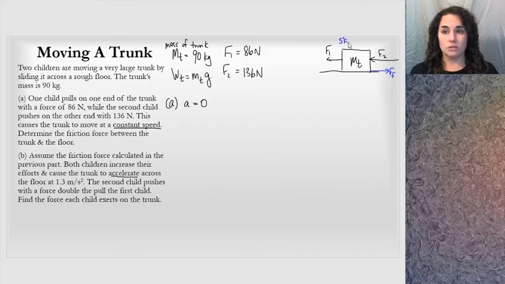And note that this is a general sketch. This isn't the free body diagram yet. I can go ahead and draw a free body diagram. Let's see, I can put it right here, below here. There's F1 and F2, and there's also friction.